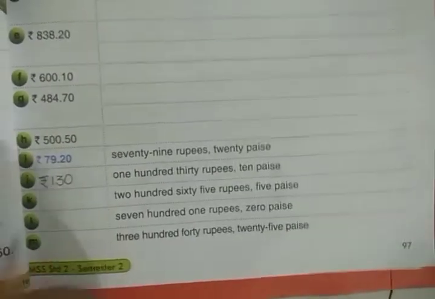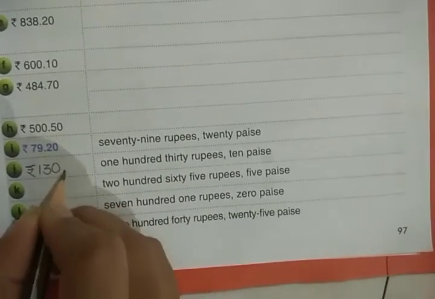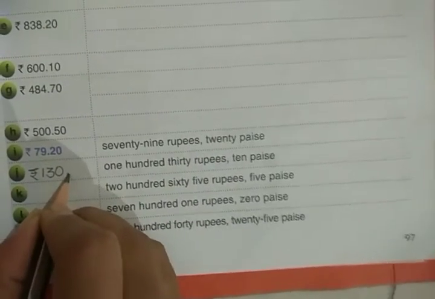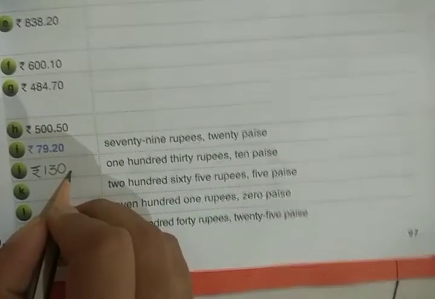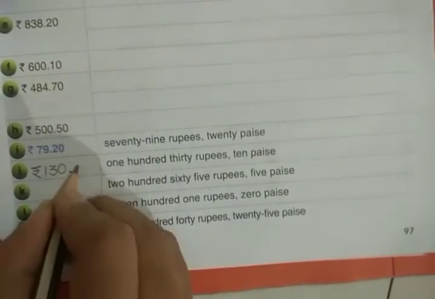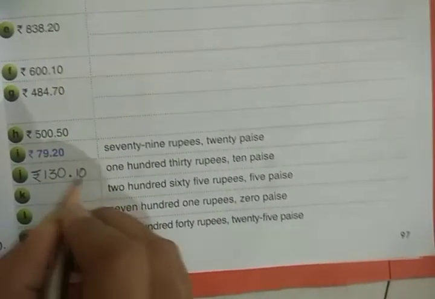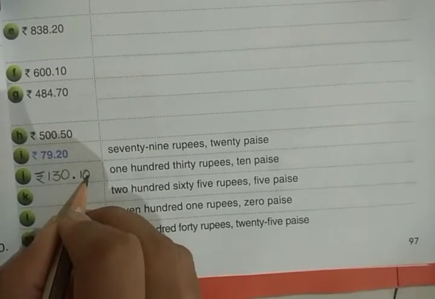Then put a dot. When you write paise, before that you need to put a dot. 130 rupees, then 10 paise. Put a dot, then write 10 paise. Okay, 130 rupees and 10 paise. Write the remaining and send me. Okay, thank you.